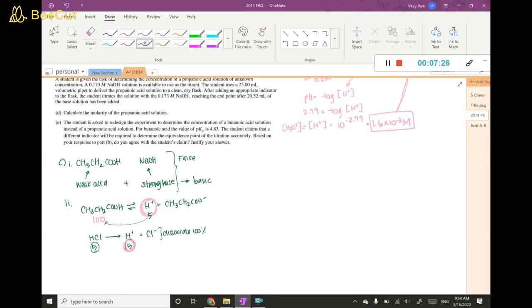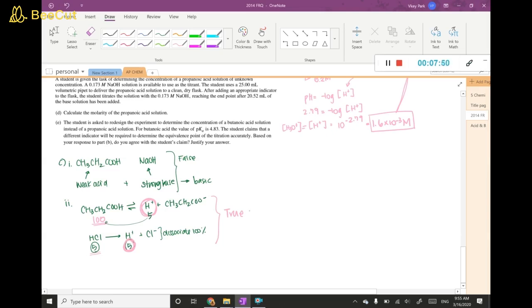That means that if you look, I need to have 100 propanoic acids versus 5 HCl's to end up with the same amount of H pluses. And that's what a pH is, right? It's basically counting the number of H pluses in a concentration. So this question right here would be true. Does that make sense? Okay, cool.